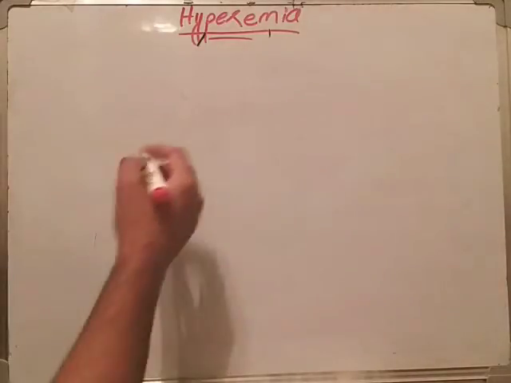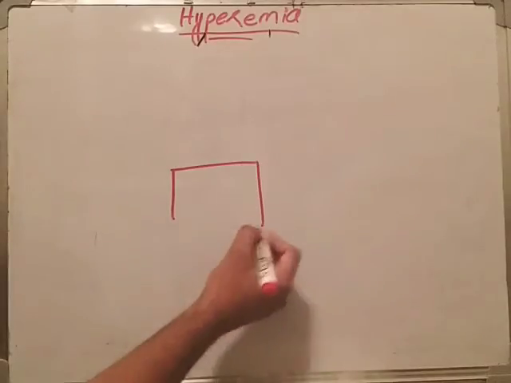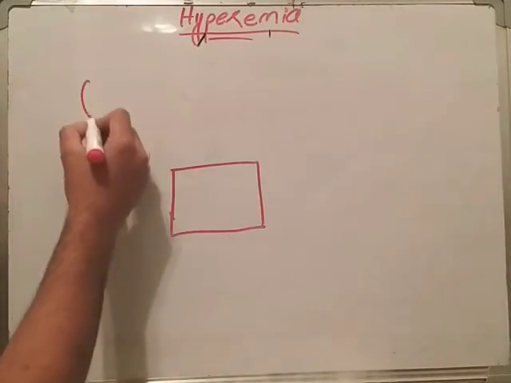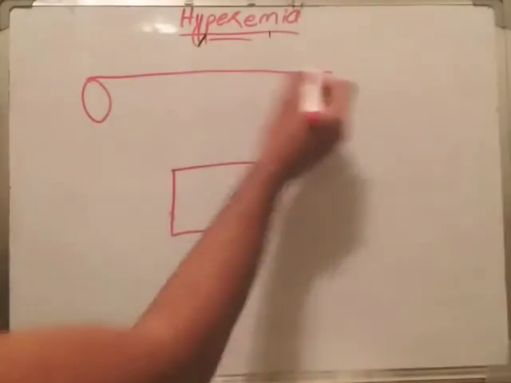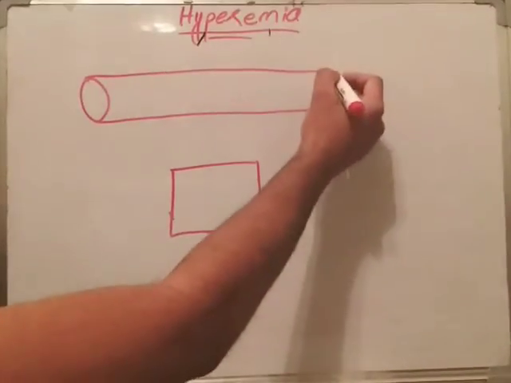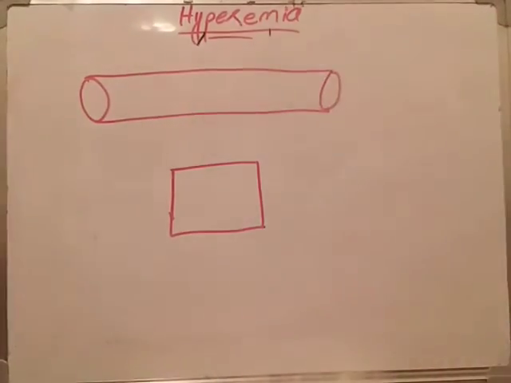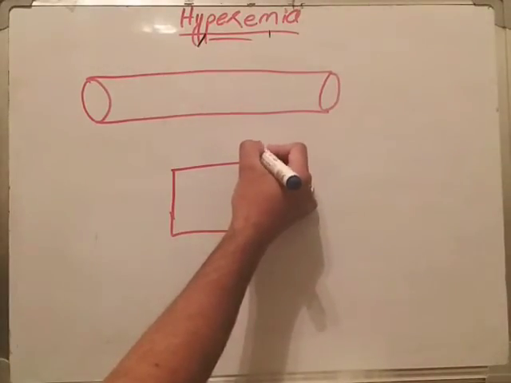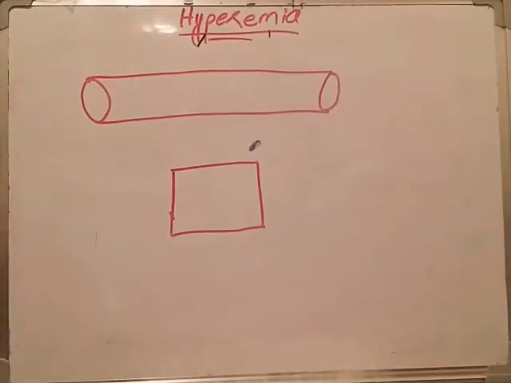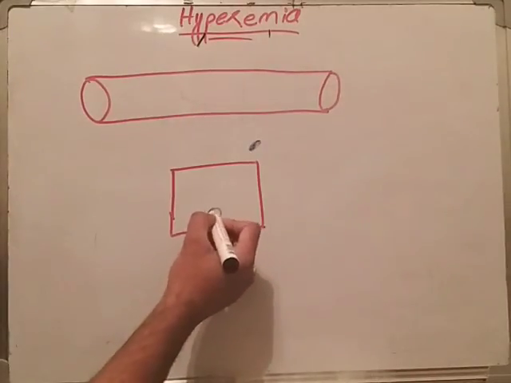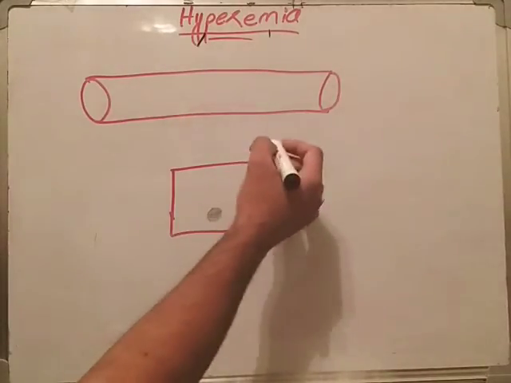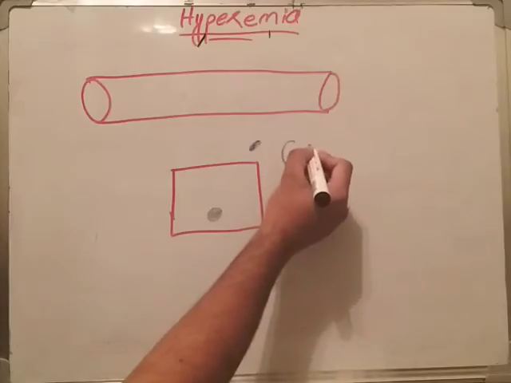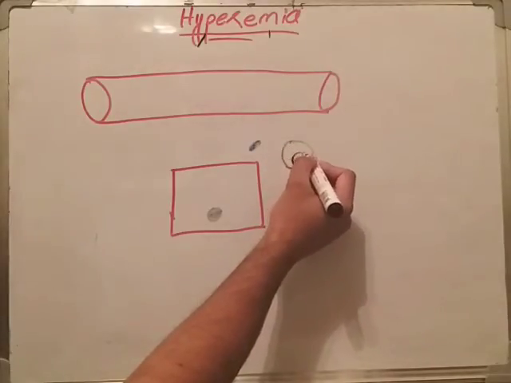So for example, this is your cell and this is your blood vessel. For example, a microbe enters your body here. So the macrophage cells present in the interstitium, what do they do? This is a macrophage cell.